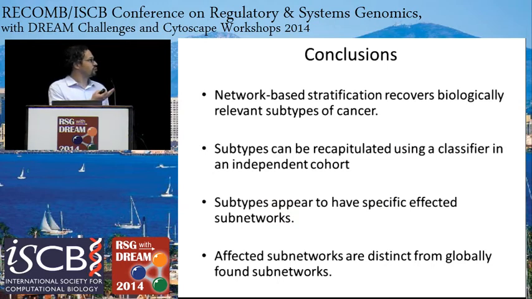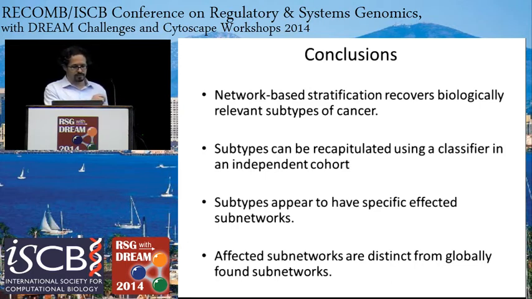What I've shown you here, or what I'd like to believe I've shown, is that network-based stratification recovers biologically relevant subtypes of cancer. Subtypes can be recapitulated using a classifier on an independent cohort, and subtypes appear to have specific affected subnetworks.